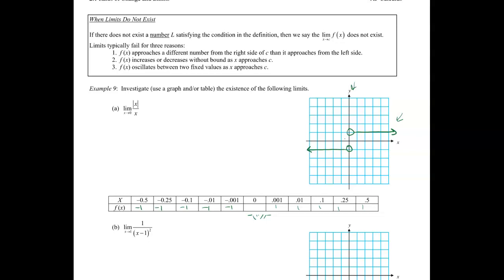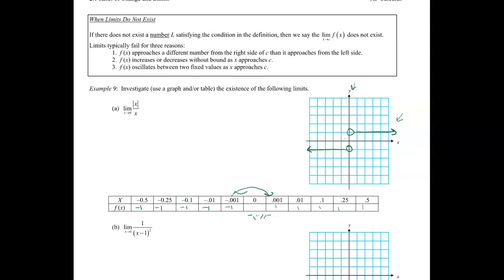What ends up happening is that all of a sudden I have this gash where I'm definitely not approaching the same thing from the left and from the right. That's a problem. So we don't know what this is approaching. My left limit is -1. My right limit is definitely +1.